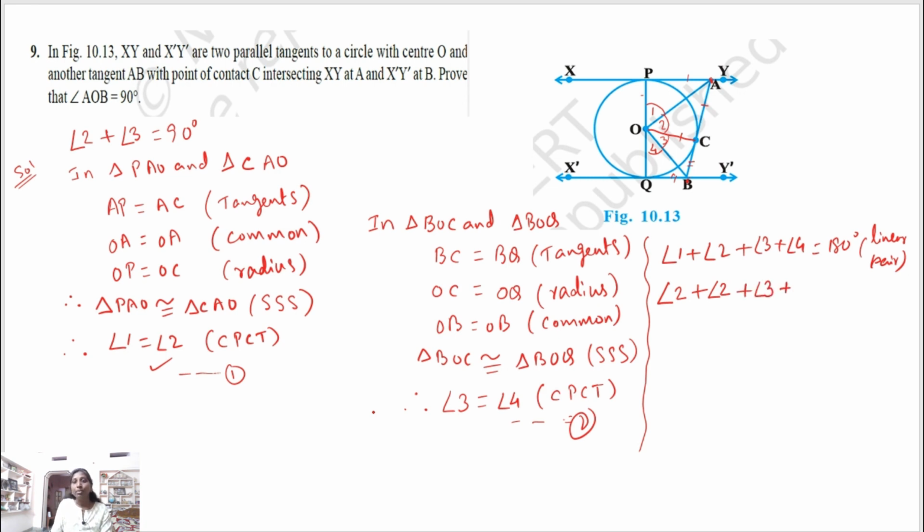And from equation number 2, angle 4 can be replaced by angle 3, is equal to 180 degree. Now add: 2 times angle 2 plus 2 times angle 3 is equal to 180. Now 2 is common, take it outside.